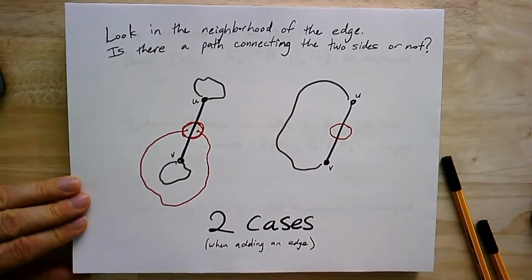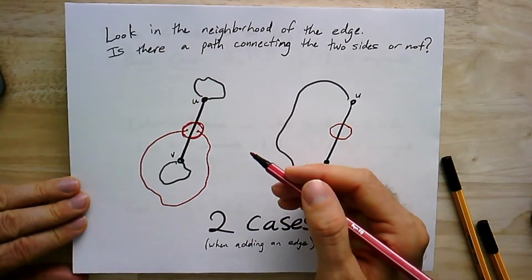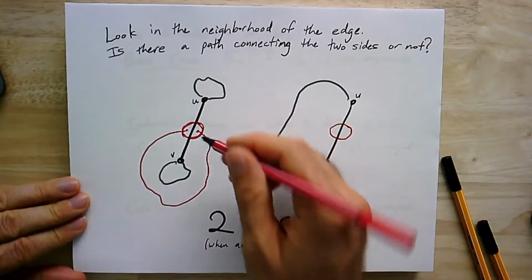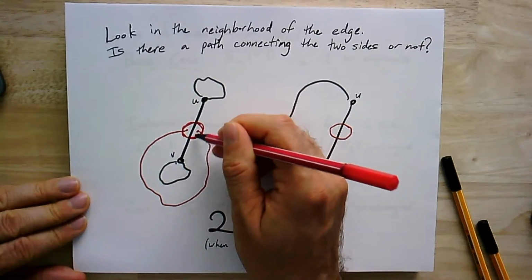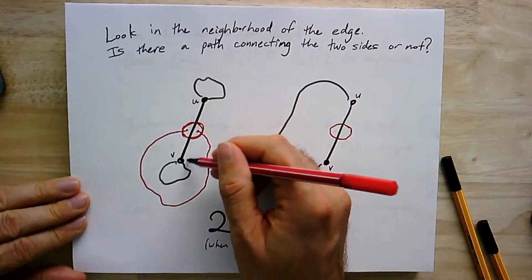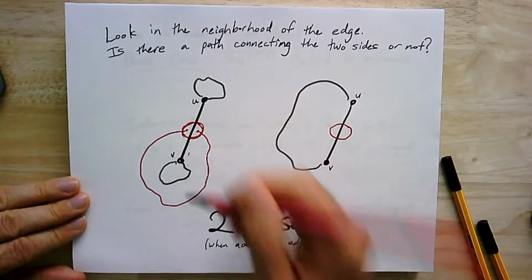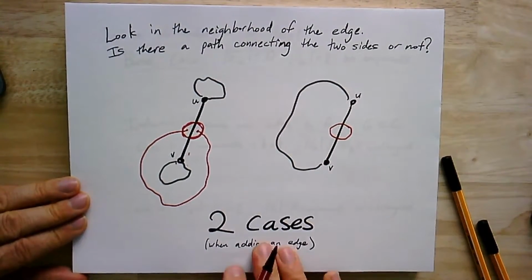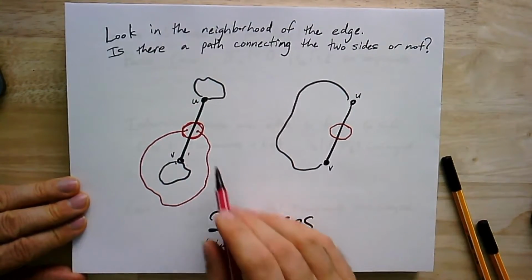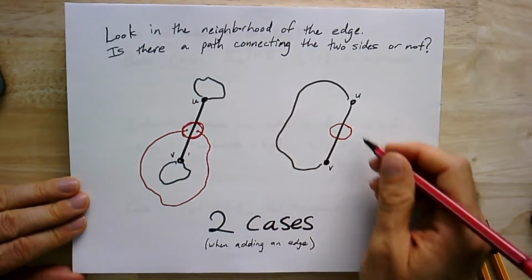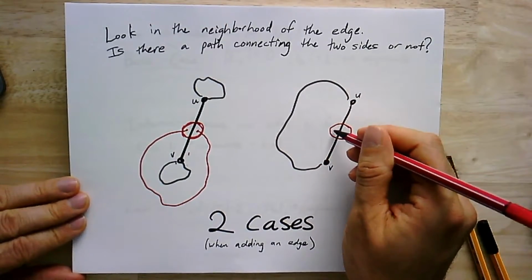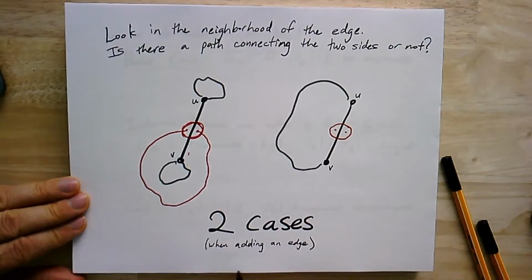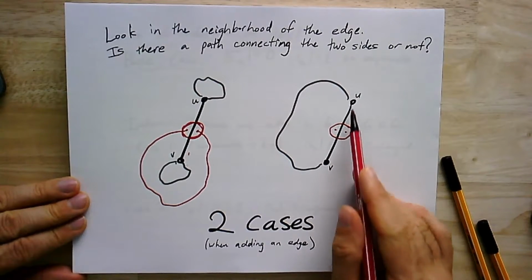All right, and so we're using that same intuition that we used when we proved the Jordan curve theorem, that if you're in the neighborhood of an edge, then you can walk along the side of the edge, and there's only one face that you're on as you walk along one side of an edge. Okay. So the other case is that if there was not a path, then that edge is part of a curve which separates the two sides. Again, I'm looking at the neighborhood of a point on the edge.